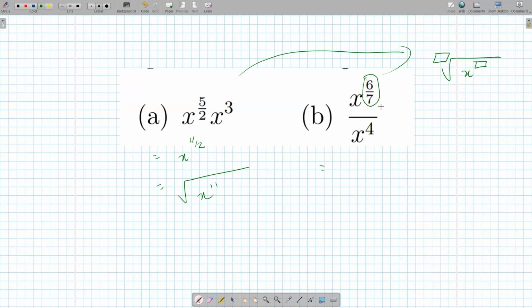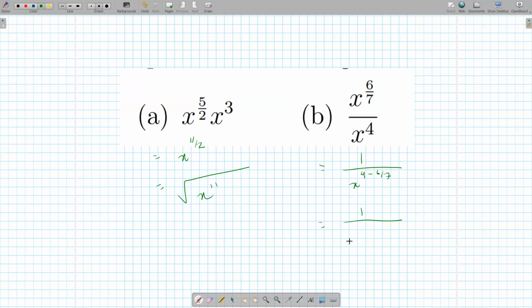So if you bring this up, you would get a negative exponent. Okay? You should bring the 6/7 down. So it's gonna be 1 over x to the 4 minus 6/7, like that. Okay. And that's the same thing as x to the power of 28 minus 6/7 when you take the common denominators. So you get 1 over x to the 22/7.